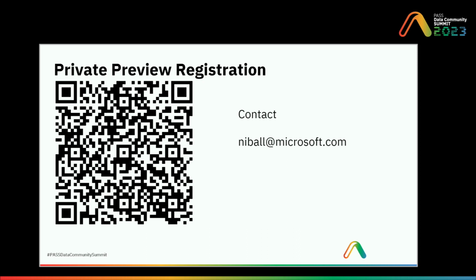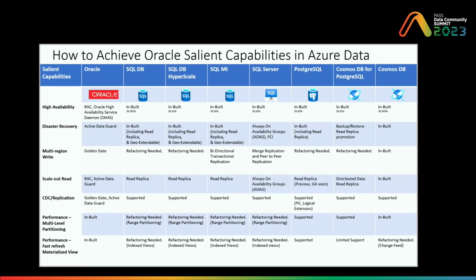And tying back to what our colleagues like Neil and Harmeet were talking about, when you're migrating from database systems like Oracle and others, there are a set of what I call salient capabilities, which these powerhouses of the database systems in the world have. I would be wrong in saying that Oracle is not one of the top database systems in the world.